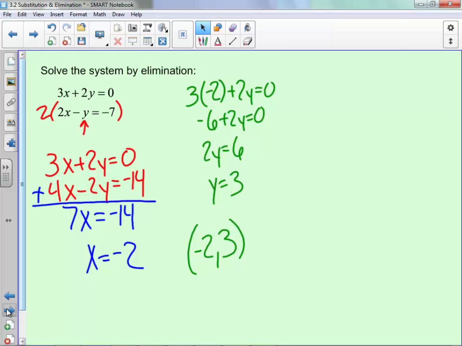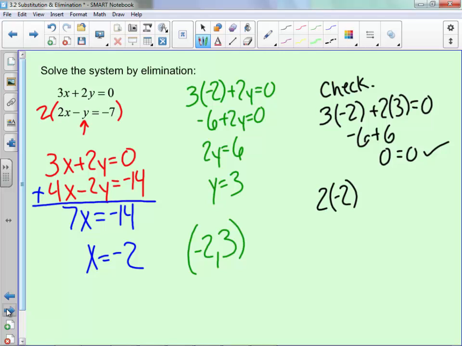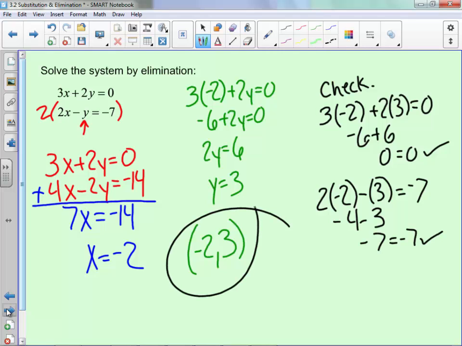But once again, we've got to check our answer. Works, so that is our answer.